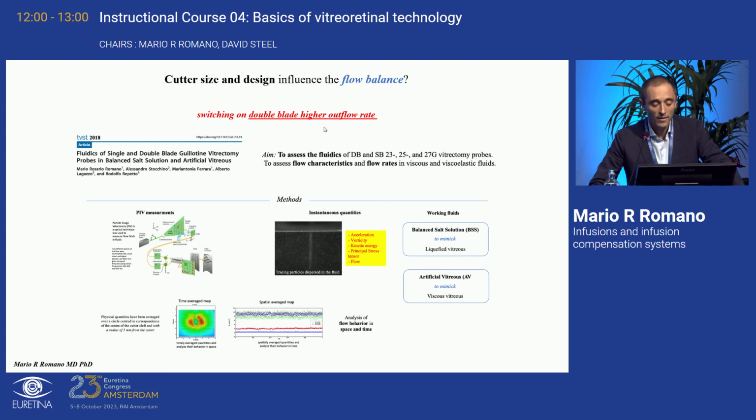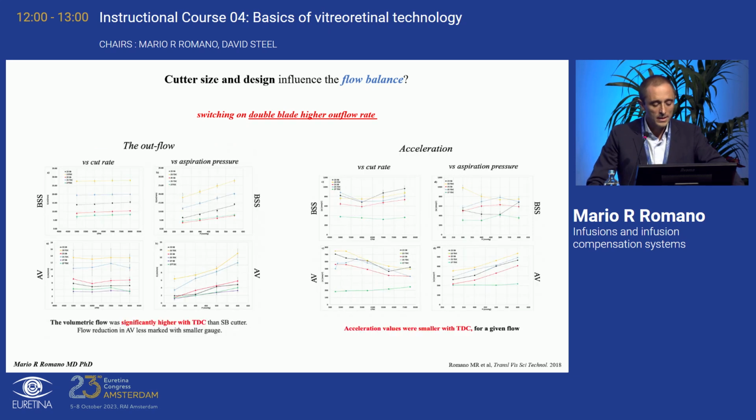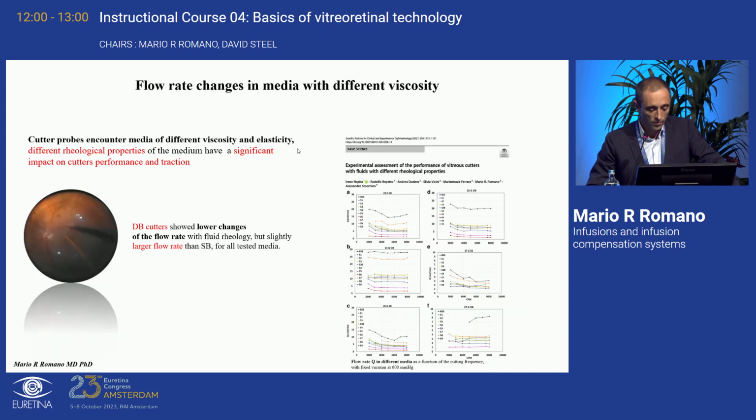So we have a smaller inflow and a higher outflow. We measured a lot of characteristics of the flow in this paper, but the one that is interesting for us is that with the double blade cutter, the volumetric flow is significantly higher, as David was also saying before.